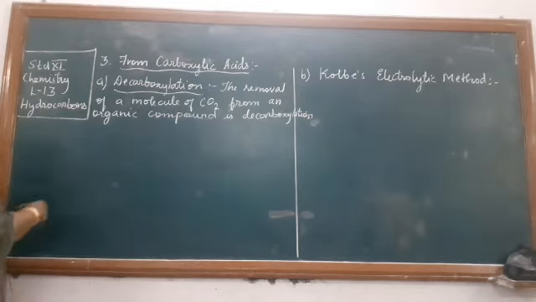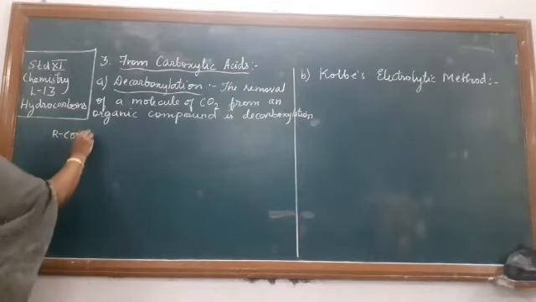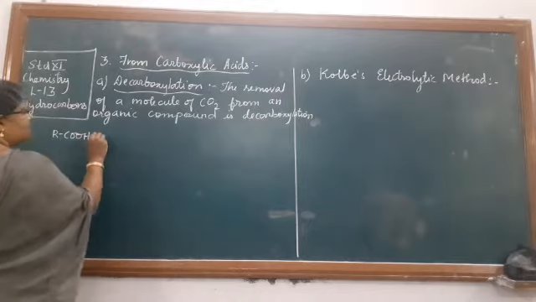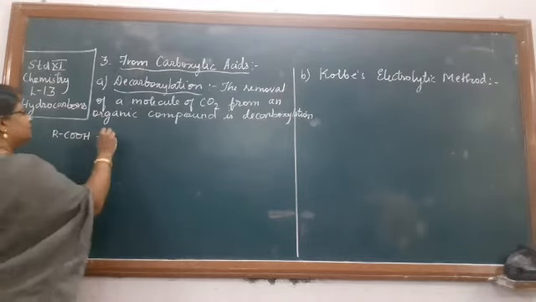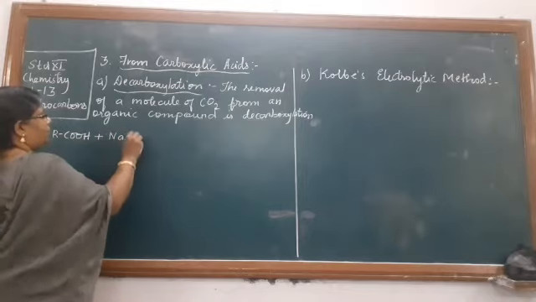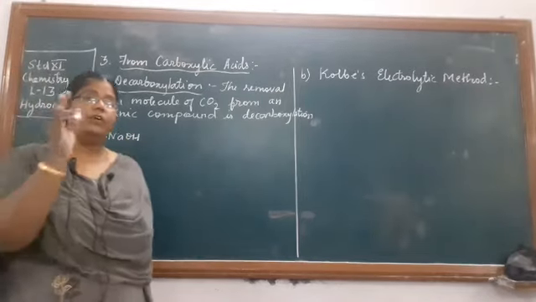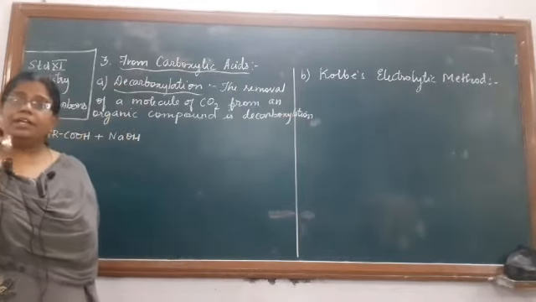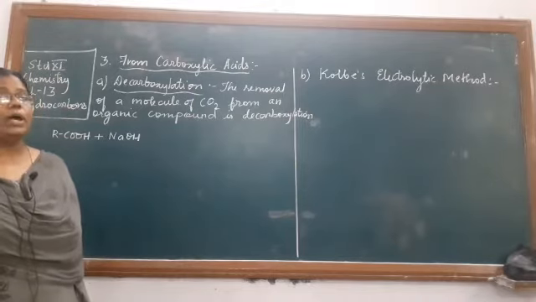For example, let me say I have taken a carboxylic acid, a general one, let me take it as RCOOH. When you treat this RCOOH with NaOH, actually we take a mixture of NaOH and calcium oxide in the ratio of 3:1, which is known as soda lime.